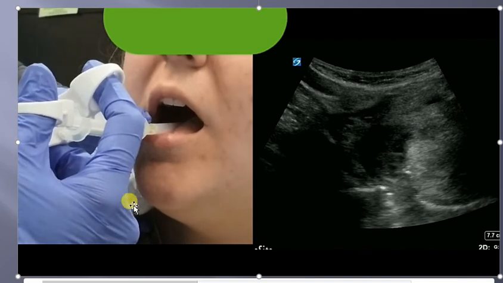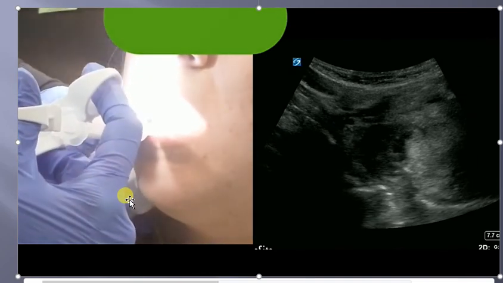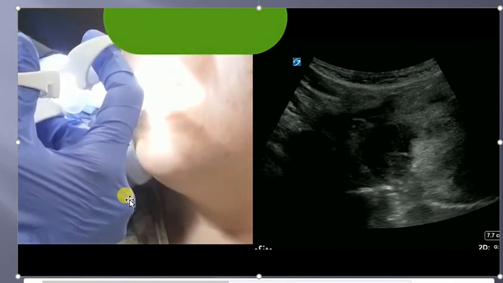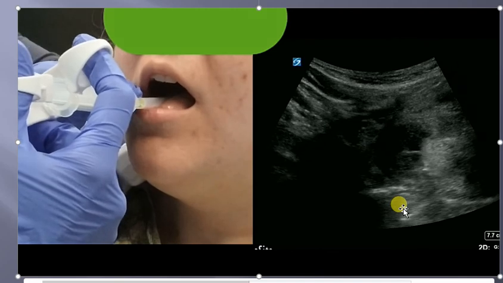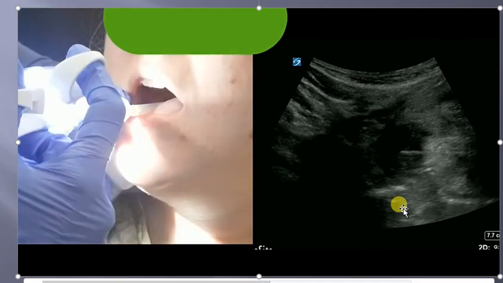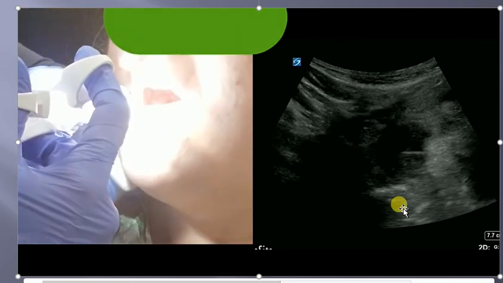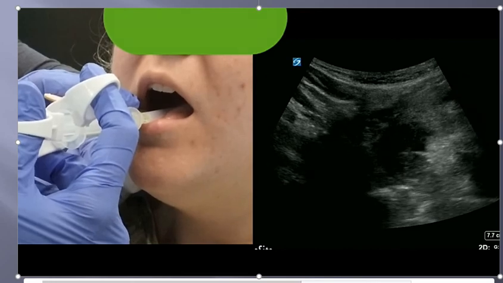So I'm going to have my assistant just adjust the fan angle to see if I can pick up the needle. And now you're starting to see it right there. And about at this point, we start getting pus. That went really smoothly, and I felt much more confident about what I was doing.